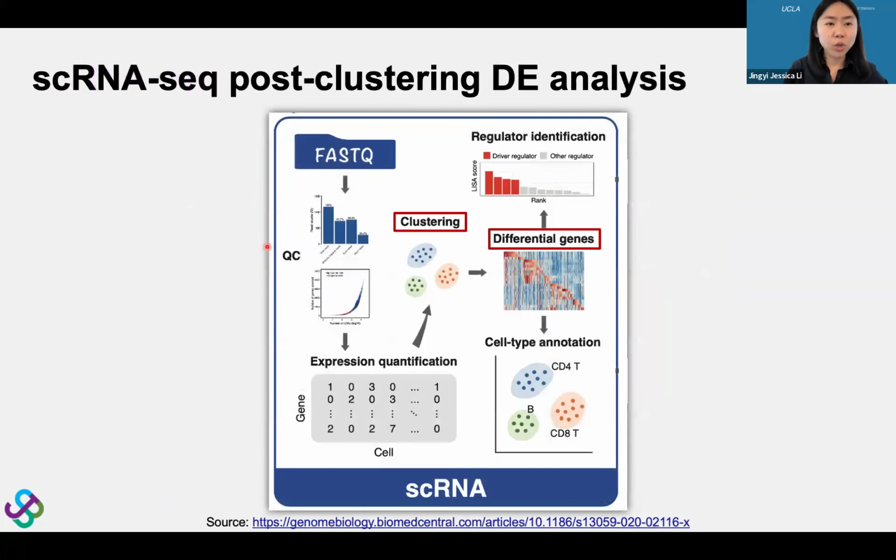So one application we use this idea for is this post-clustering differential gene expression analysis. This is a cartoon showing that in single cell data analysis, typically, once you have this count matrix, even though the orientation is different, here genes are put as rows, cells are put as columns, but it's the count matrix, I call data matrix.